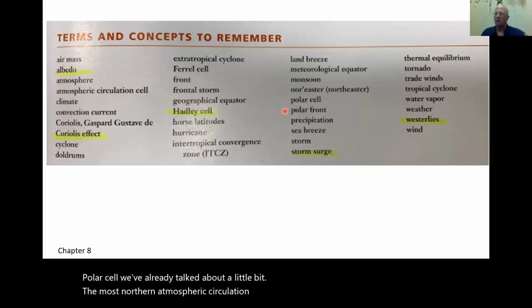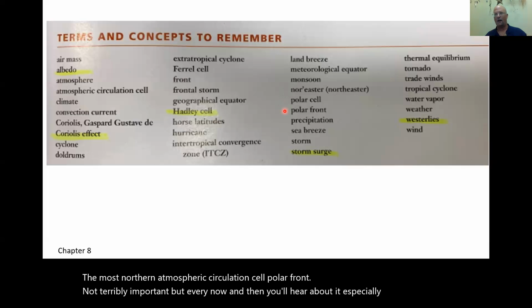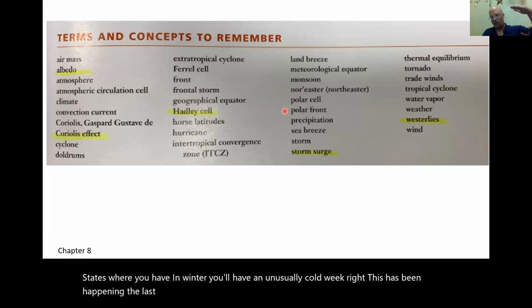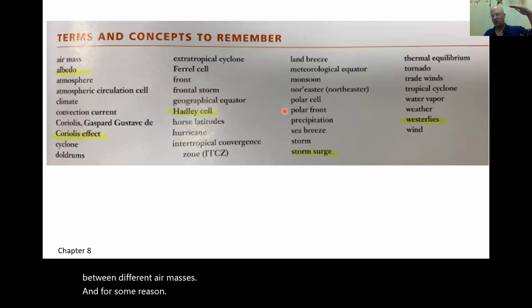Polar front, not terribly important, but every now and then you'll hear about it, especially in the United States, where in winter you'll have an unusually cold week. This has been happening the last couple of years. The polar front is a meeting between different air masses. For some reason, climate change primarily, we'll talk about this later, in addition to other things, the front will dip down and come further south.